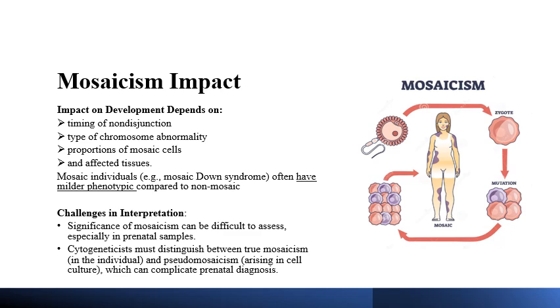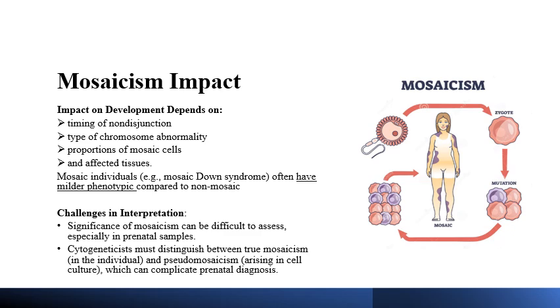But the true impact really depends on different factors. So the timing of non-disjunction, the type of chromosomal abnormality, so what chromosome is involved, what chromosomal region is involved, is it a whole chromosome, is it a ring chromosome, the proportion of mosaic cells, so is your proportion of abnormal cell line higher than the proportion of normal cell line in the patient?